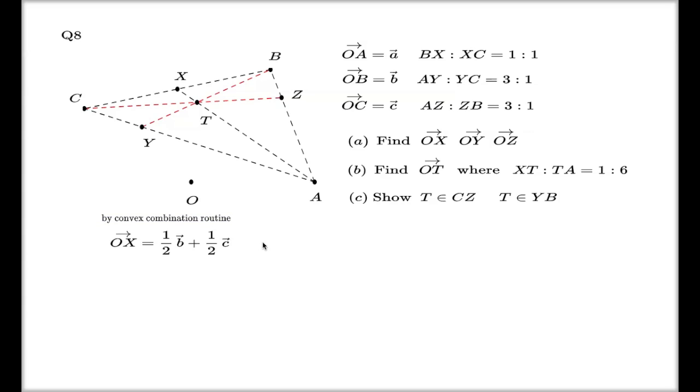By referring to this subroutine we established last time, I can immediately conclude that OX will be given by this convex combination. Similarly, similar identities can be concluded for the other proportions.